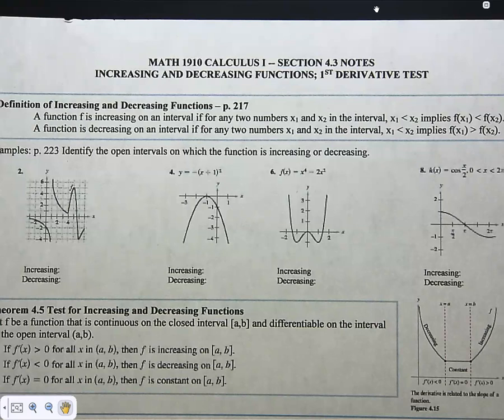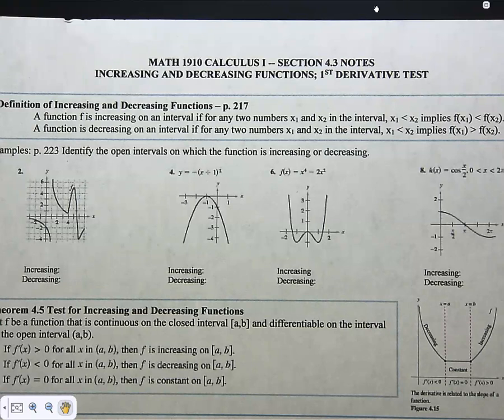A function is increasing on an interval if for any two numbers x1 and x2 in the interval, x1 less than x2 implies that f of x1 is less than f of x2. That's the official definition. If you look at a graph left to right, that would be x1 to x2. If y1 is lower than y2, then the function is increasing. It just goes uphill from left to right.